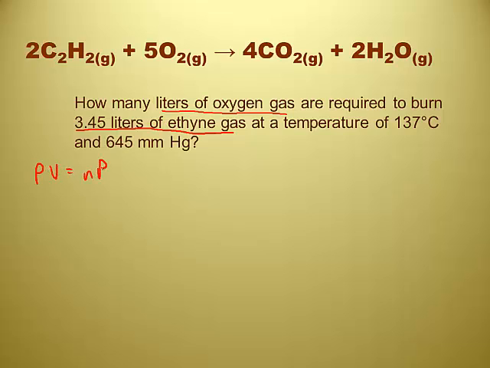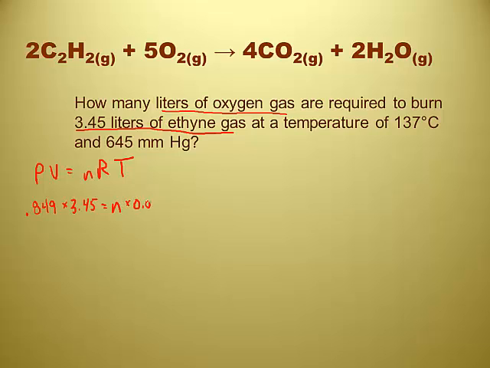PV equals nRT. My pressure is given as 645 millimeters of mercury. I need that in atmospheres, 0.849 atmospheres. The volume I do know, it's 3.45 liters. The number of moles is what I'm looking for.